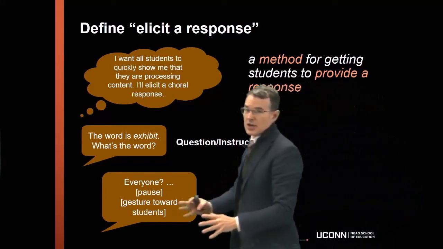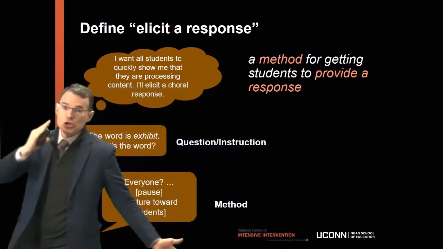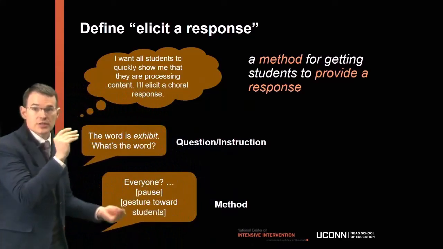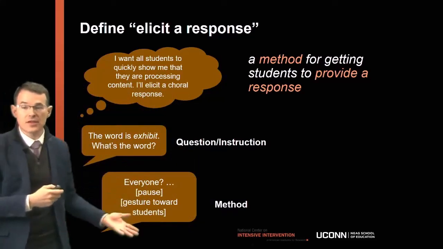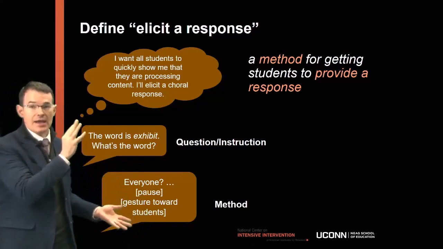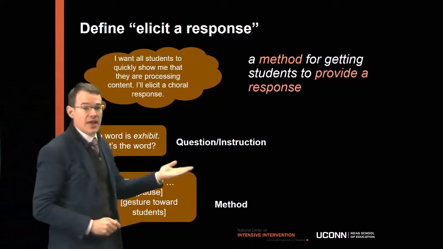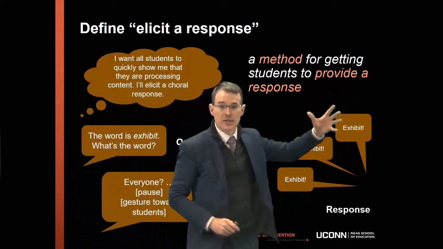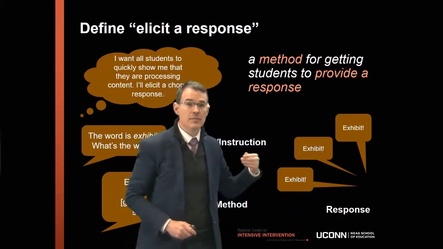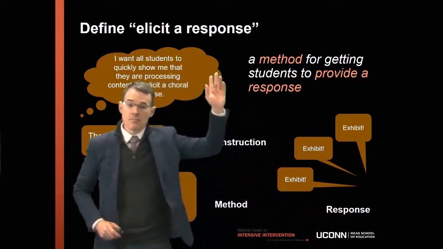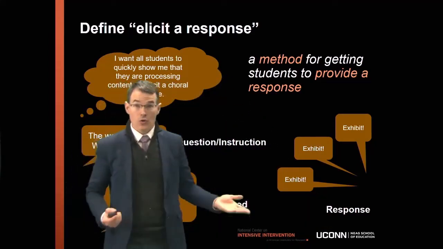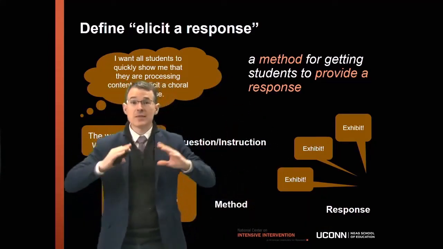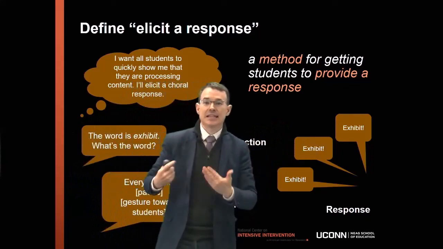So my method here is to use these words to elicit the choral response. Here's how I execute that method. And then what I get is my response, which is my entire group of students saying all at the same time, exhibit. So this is my method to elicit a choral response. Or, well, this is a method to elicit a response. In this case, it is a choral response.